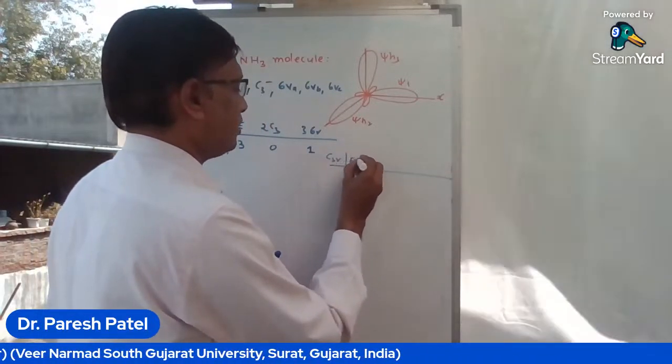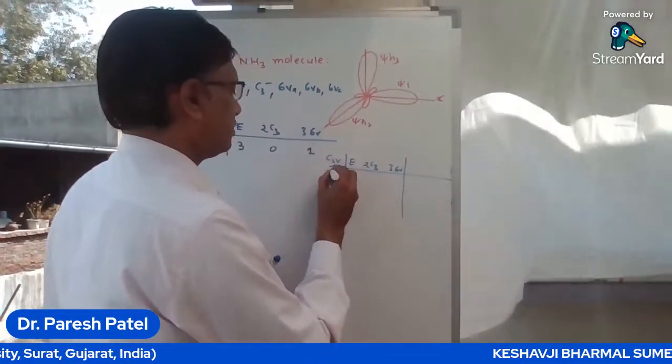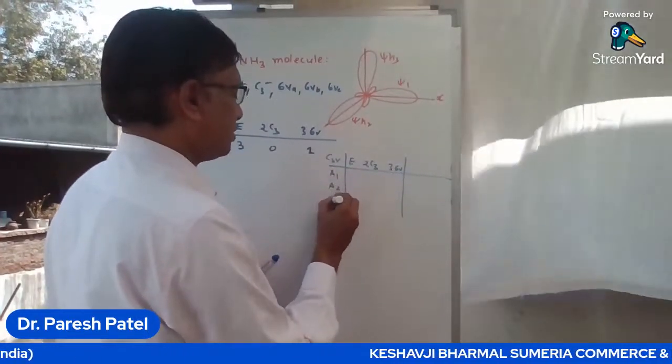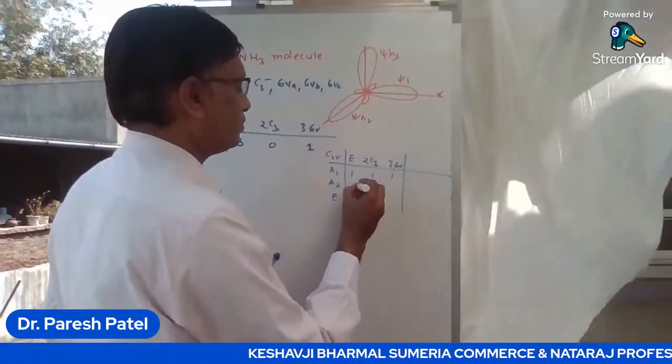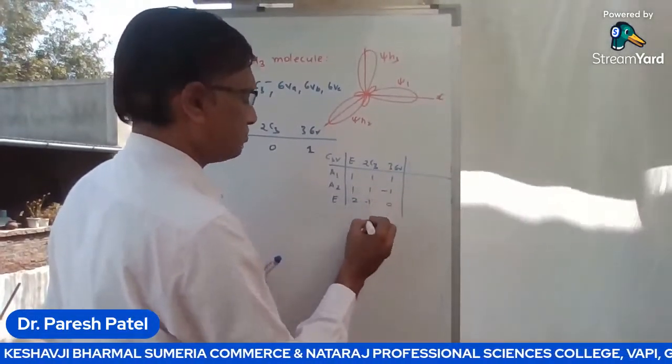C3v: E, twice C3, 3 sigma v. A1: 1 1 1, A2: 1 1 minus 1, E: 2 minus 1 0.